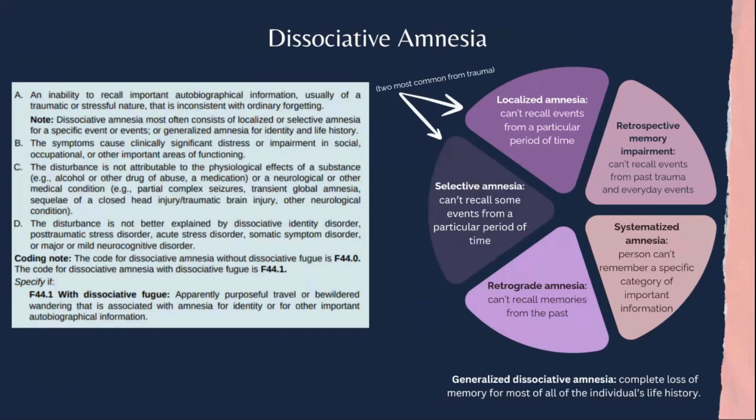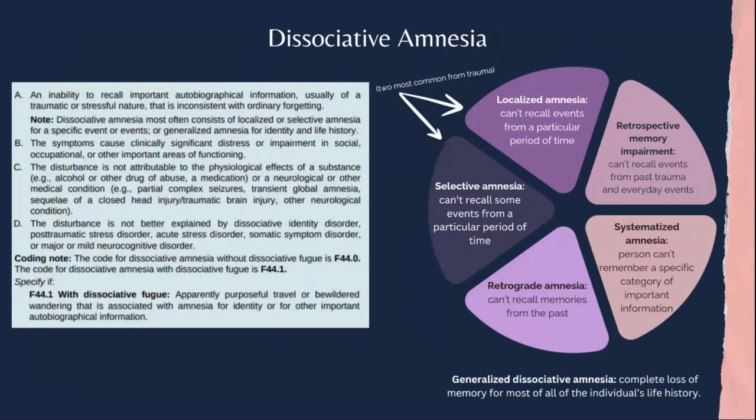Dissociative amnesia, this is an aspect of trauma. This is the inability to recall important information, usually because of a traumatic, stressful experience. That's just different than forgetting. It's different than other neurocognitive issues. And so this is what we would give if we don't have a bigger disorder to use.